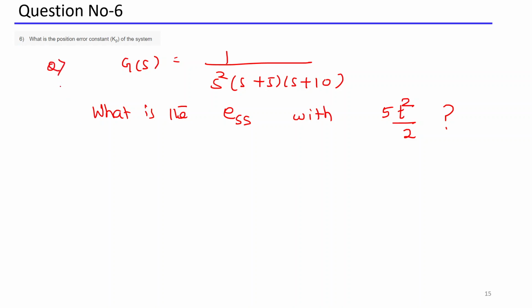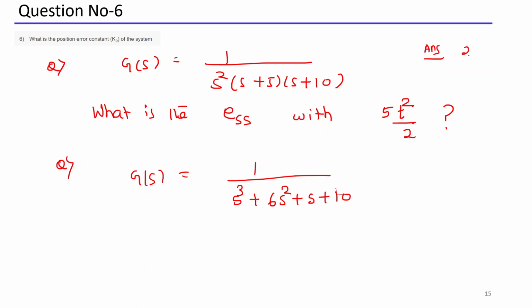This is the one question for you. Another question I'm framing by myself. Just solve it by yourself. I'm just writing: s into 5, s plus 10. Answer is 250.